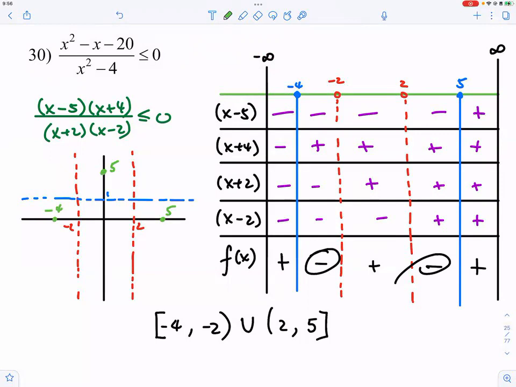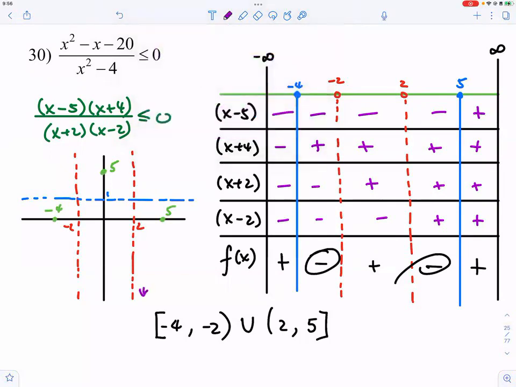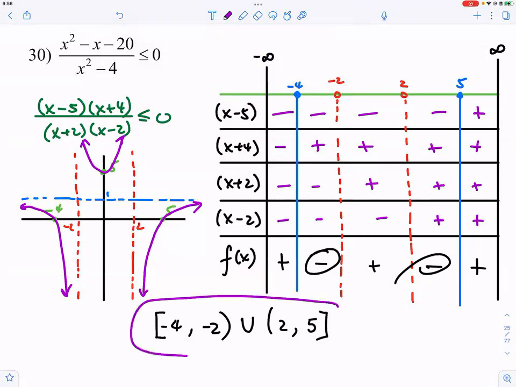So if you want to draw the graph, that's pretty straightforward. It's going to be something like this. If you make the graph properly, you can also get the same conclusion, the same solution set for this inequality.